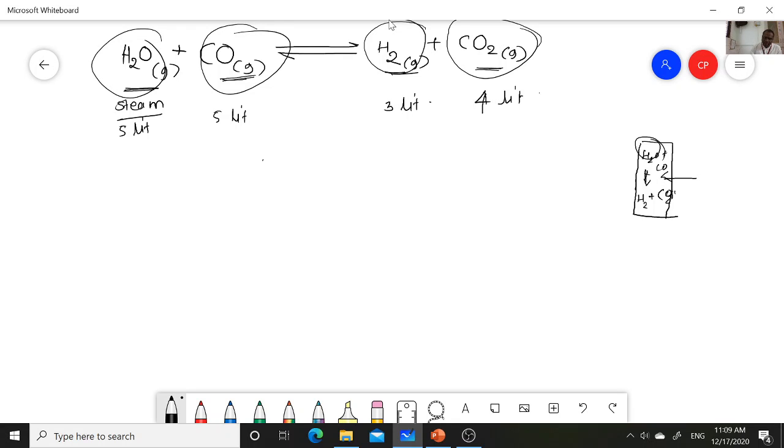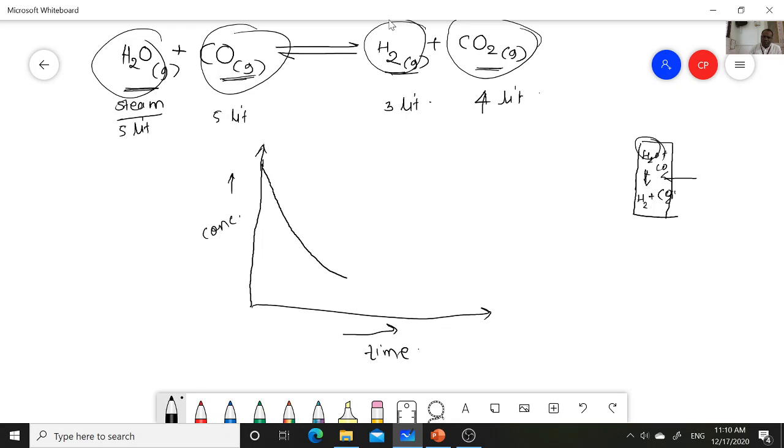If you plot the graph of concentration versus time, suppose this side is concentration, that is the number of moles of reactant molecule, and time this side. If you plot the graph, what is happening? This is the concentration of reactant molecule.